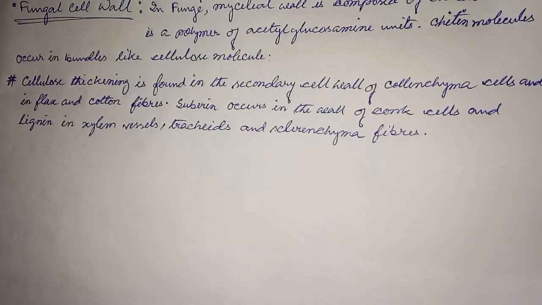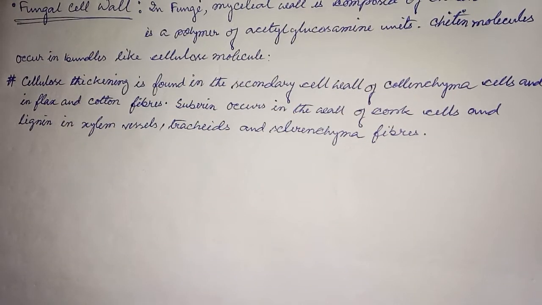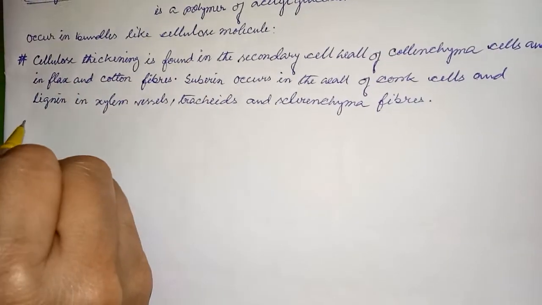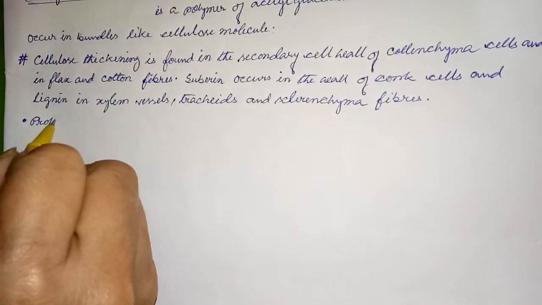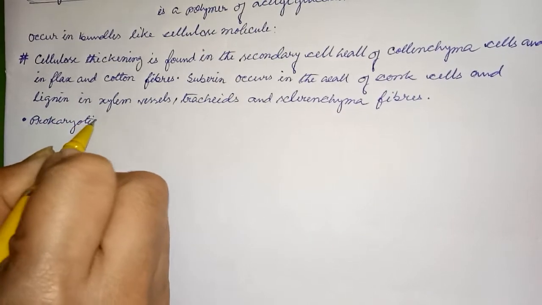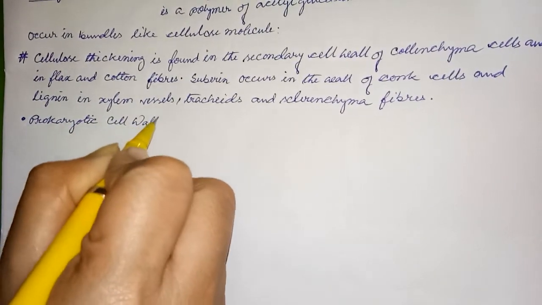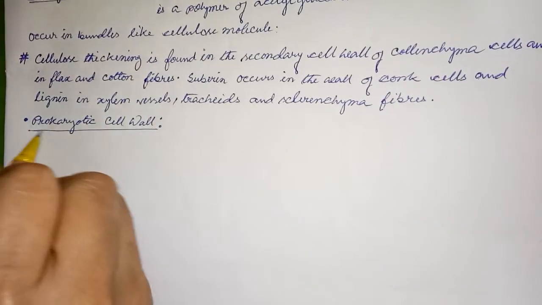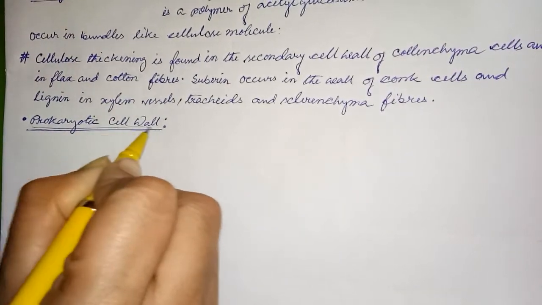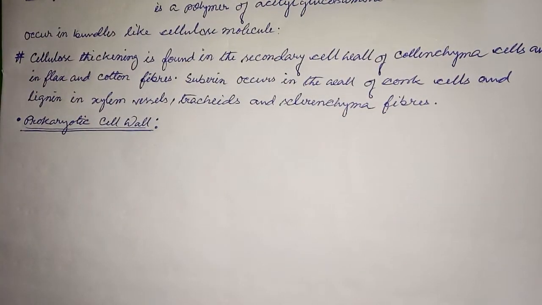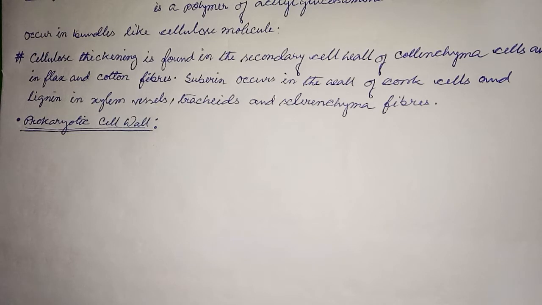Okay. Now, prokaryotic cell wall. In bacteria, cell wall is formed of peptidoglycans which are formed of non-cellulosic polysaccharide carbohydrate chains linked by specific amino acids.